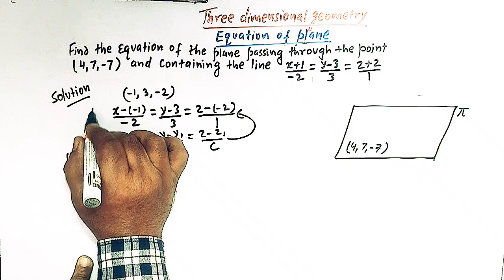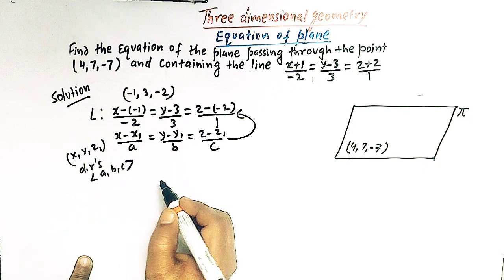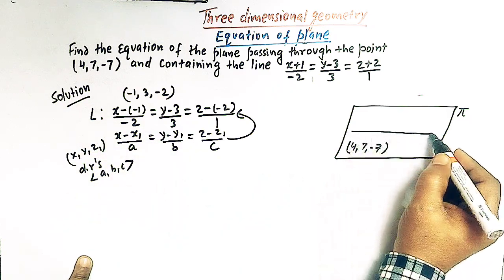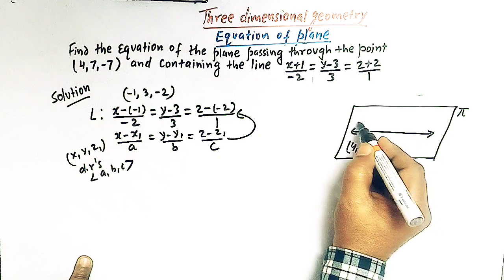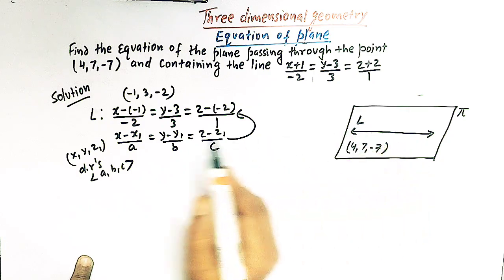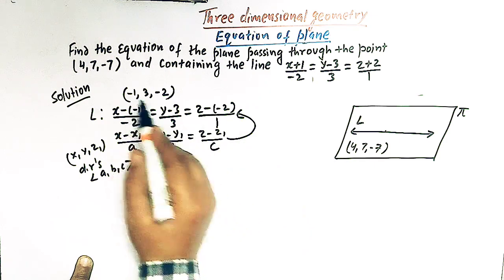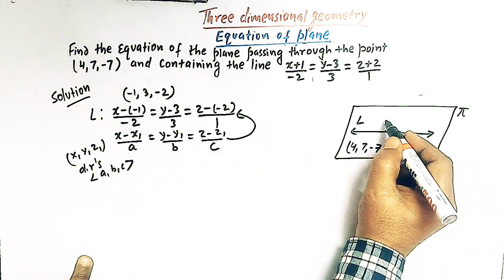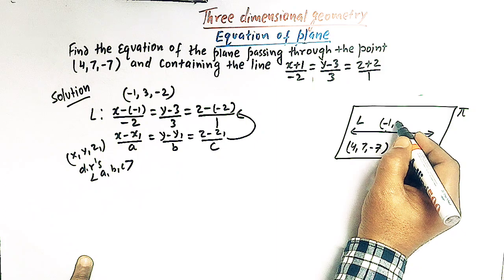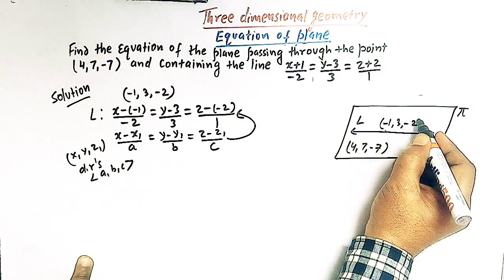So let us denote this line by the letter L. So here we have the line L, and since this line L passes through this point, this point also lies on this plane, that is -1, 3 and -2.